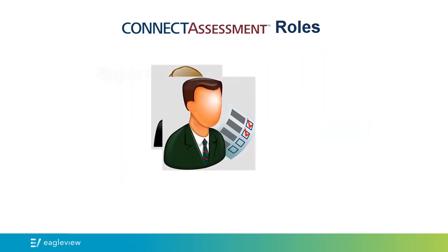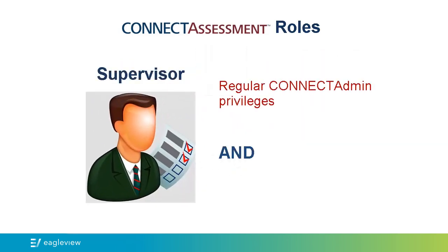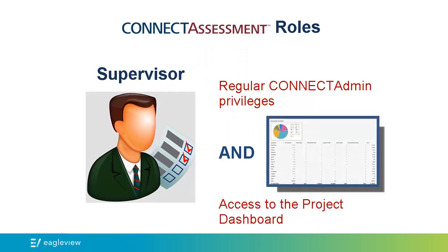A Connect Assessment supervisor has regular Connect admin privileges and has access to the project dashboard, which is where the project is tracked and analyzed. A supervisor cannot alter the Connect Assessment configurations.